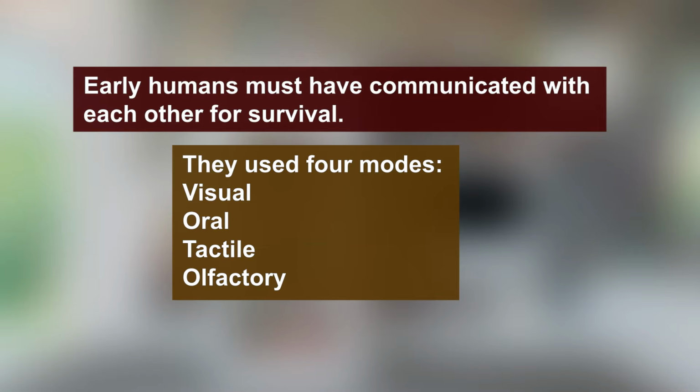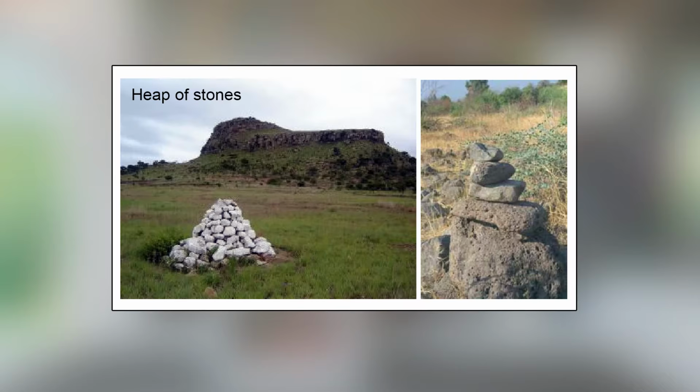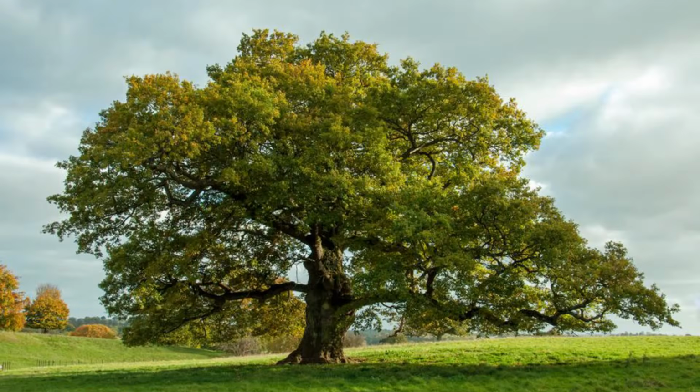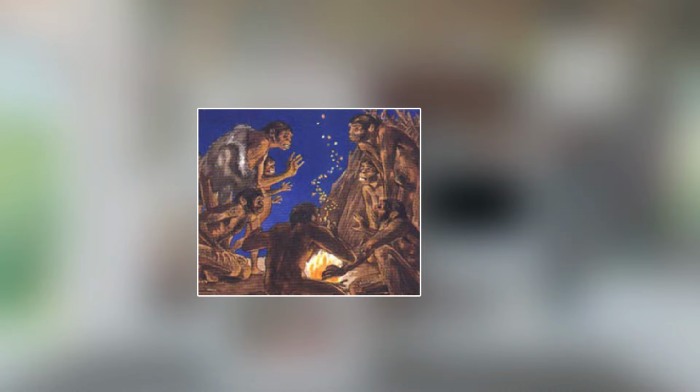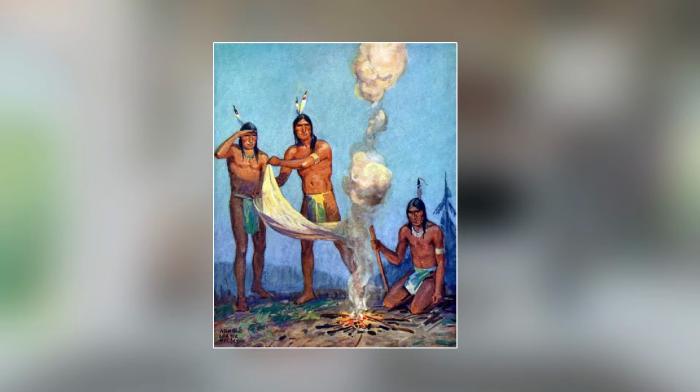If we were to look at each one of these one by one, visual represents all that is visible. It could be a heap of stones or branches of a tree or trees arranged in a particular fashion. Or it could be gestures like holding up their hand or pointing. It could have been any of those. Even smoke was a visual sign.